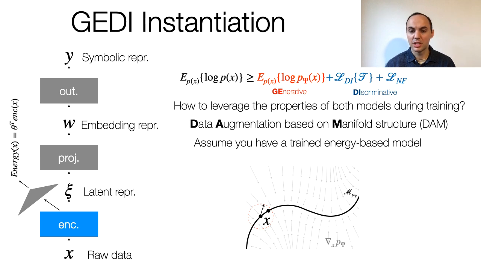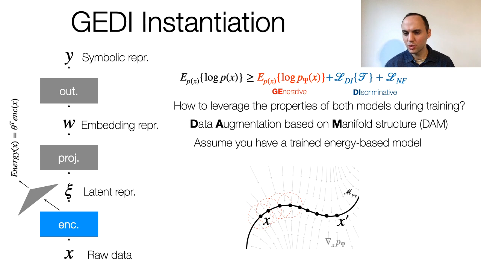We can repeat this process for several steps to produce a new image, a new augmentation. But this time the augmentation is not based on the augmentation strategies commonly used in the literature, but on the information provided by the energy model, so it is along the manifold.